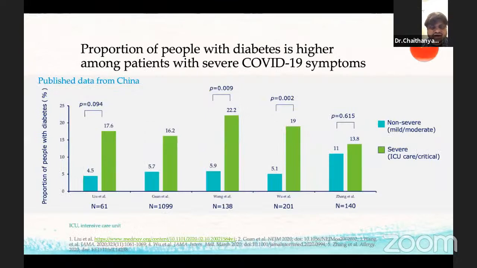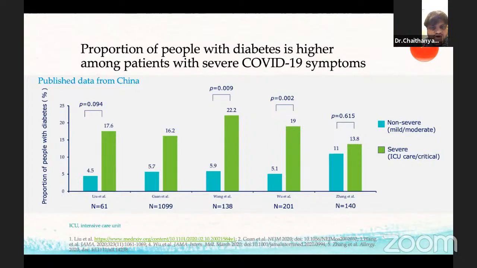Then this was one more data published from China, which was the mother of COVID-19, where the source of COVID-19 was present. You can see the graph clearly. Severe COVID-19, non-severe COVID-19. The blue color is non-severe COVID-19, where they had mild to moderate symptoms. Green color is severe COVID-19 warranting ICU admission.